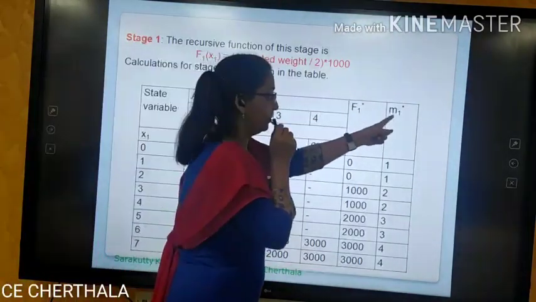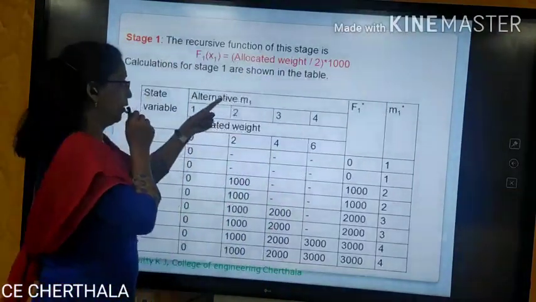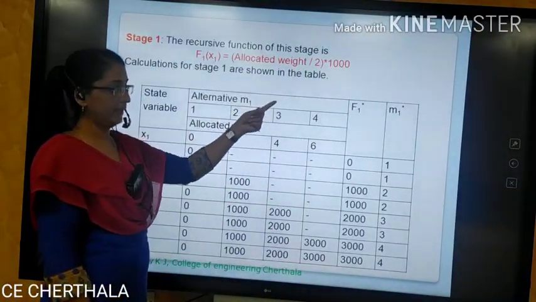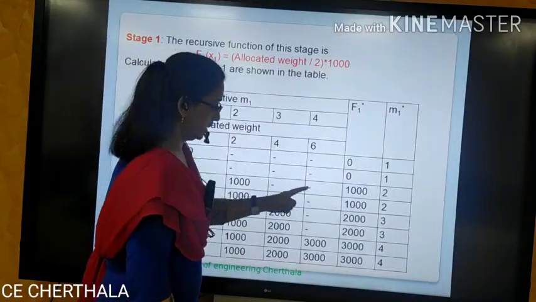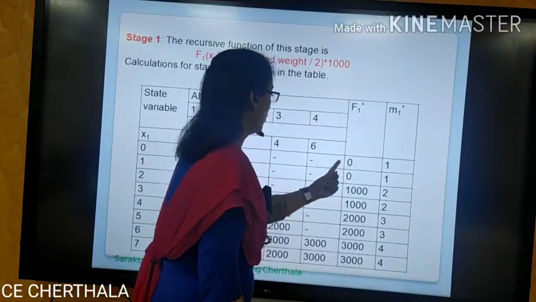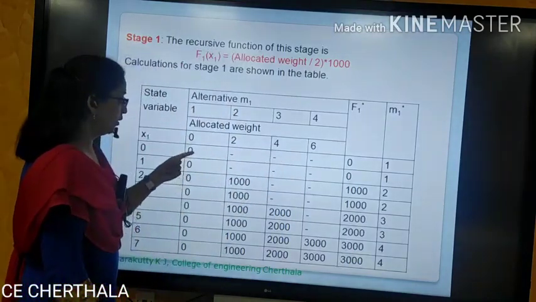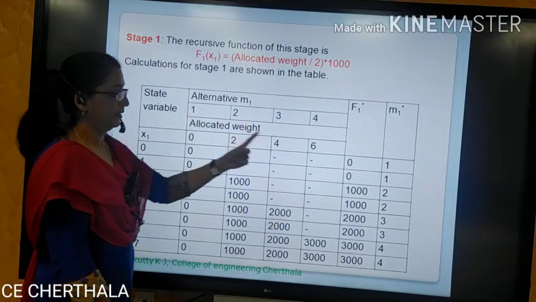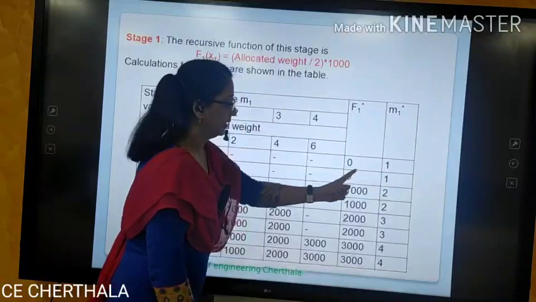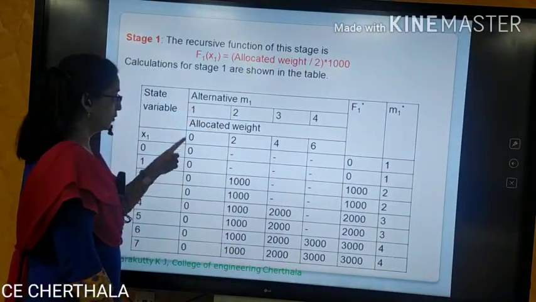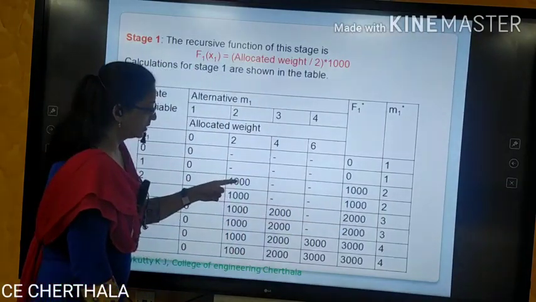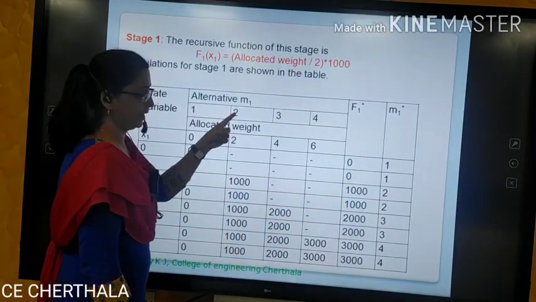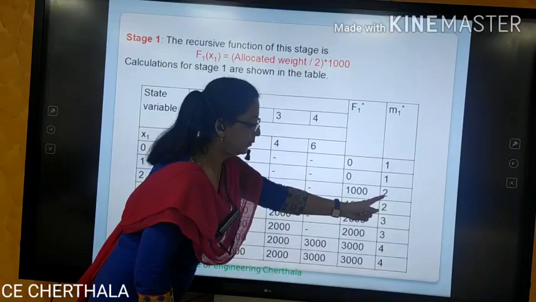Now the last column is M1 star. M1 means alternative. M1 star means the best alternative. So here, 0 corresponding to 0, the alternative is number 1. Again for the next 0, alternative is 1. 1000 corresponds to the second alternative, so write 2 here.